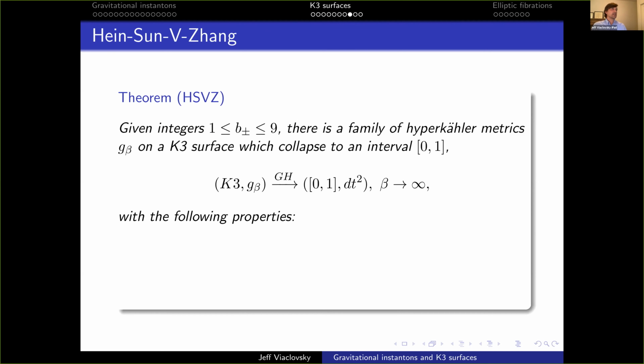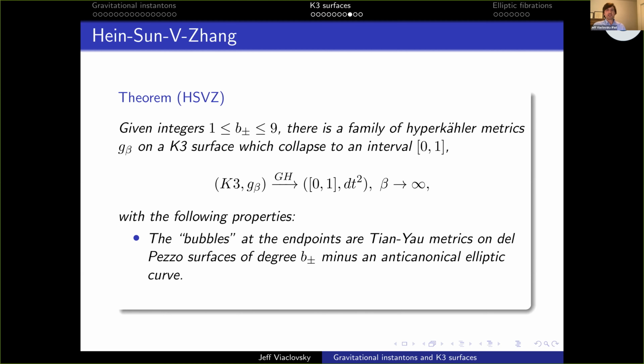So this was HHSZ. Given two integers, b plus and b minus, in between 1 and 9, there is a family of hyperkähler metrics, g_beta, on the K3 surface, which collapse to an interval. So this is just like in the Chen-Chen ALH case, in that the Gromov-Hausdorff limit is an interval. But it has the following properties.